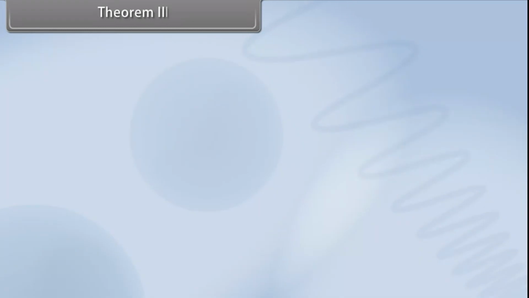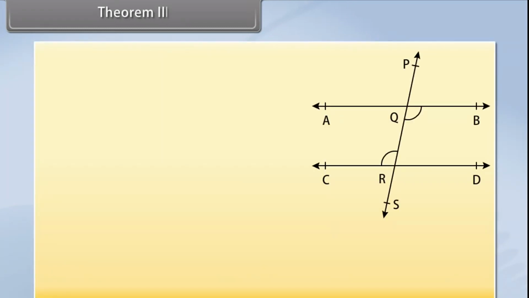Theorem III. Now using the converse of the corresponding angles axiom, we can show the two lines are parallel if a pair of alternate interior angles is equal. Come, let us check. Here the transversal PS intersects lines AB and CD at points Q and R respectively such that angle BQR is equal to angle QRC.